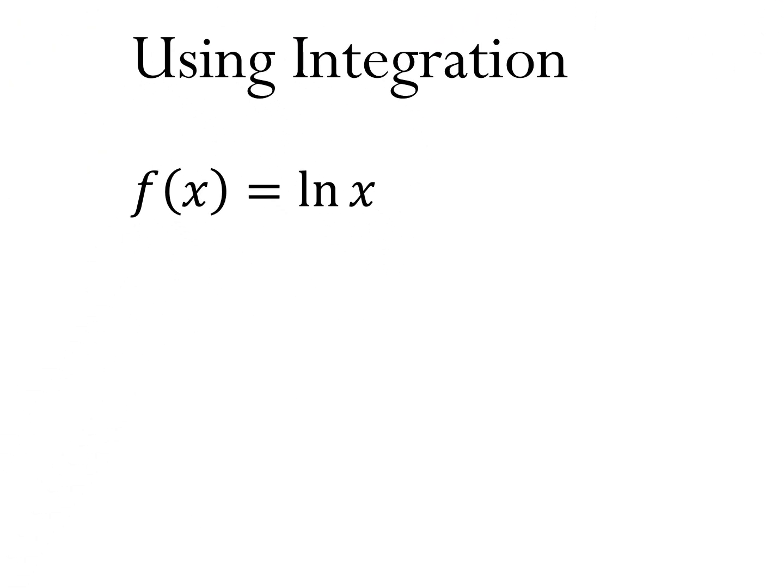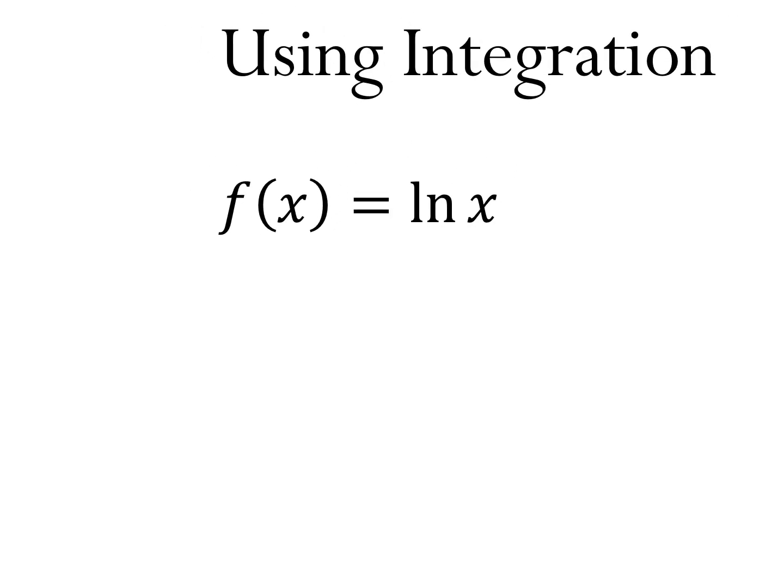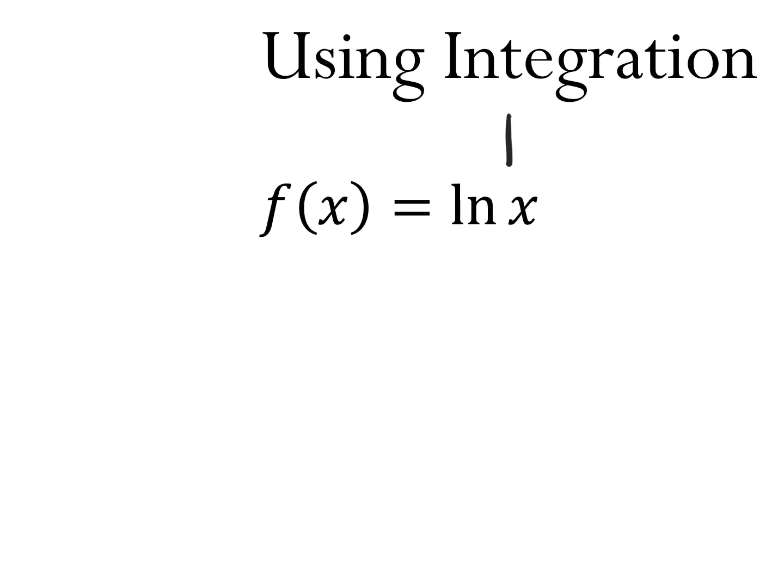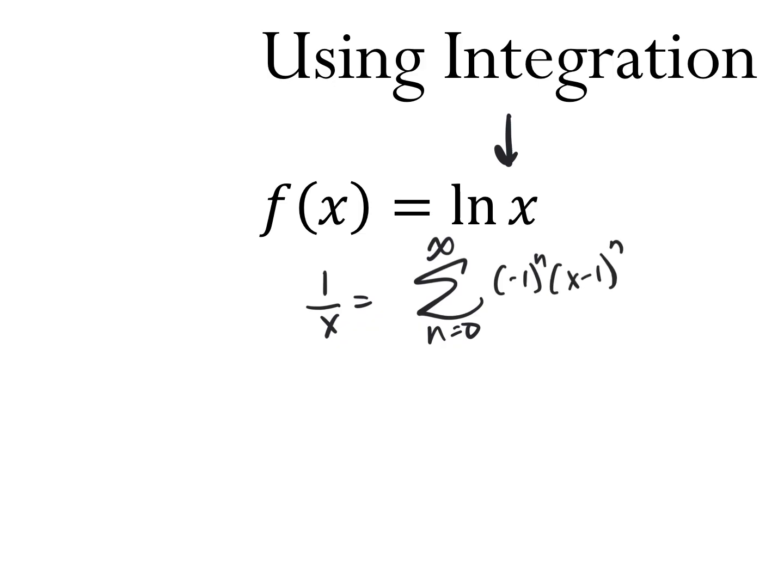Okay? And so if I can do that for 1 over x, now if I say, all right, I want to find the power series for ln of x, one of the things I could do is say, well, 1 over x is equal to the sum of what we just said. So if I want to find the power series for ln of x, I can just integrate both of these. And now I have ln of x is equal to, what is the integral of this going to be?